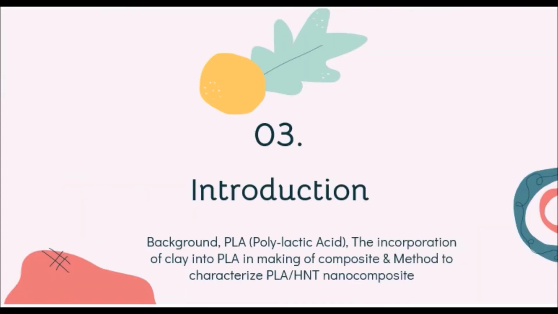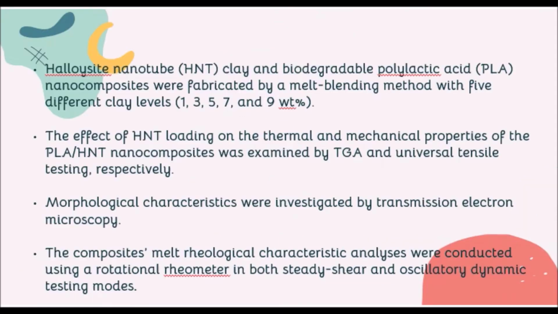It consists of the background, PLA, the incorporation of the clay into the PLA in making of the composite, and also the methods to characterize the PLA and HNT nanocomposite. So the halloysite nanotube, which is the HNT clay, and the biodegradable polylactic acid, which is the PLA nanocomposite, were fabricated by a melt blending method with 5 different clay levels, which are 1, 3, 5, 7, and 9 weight percent.